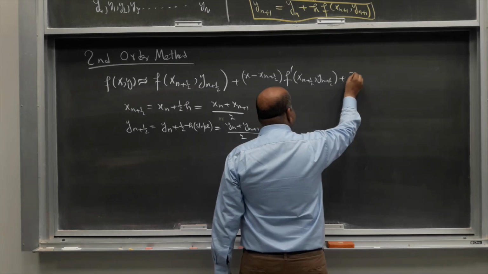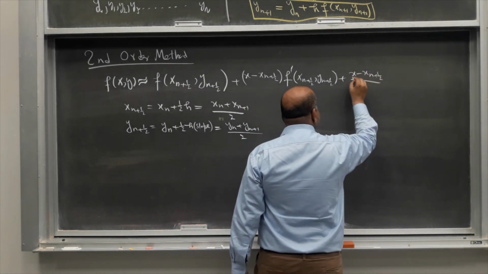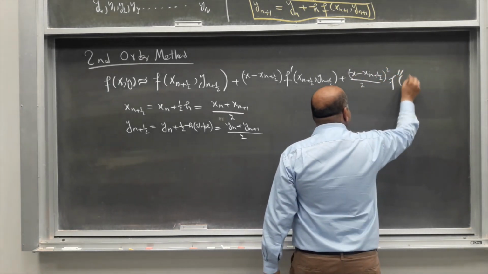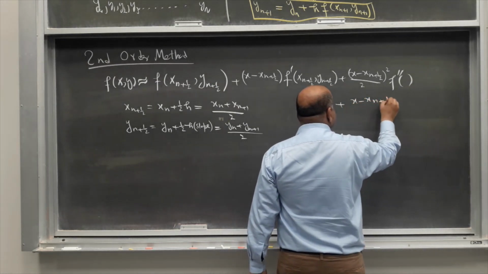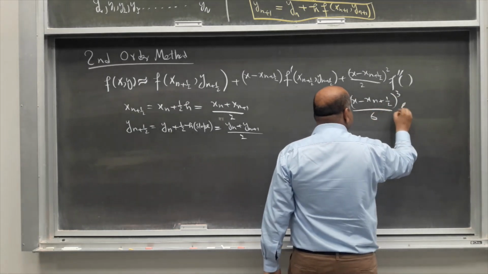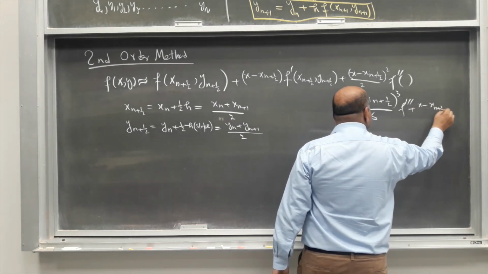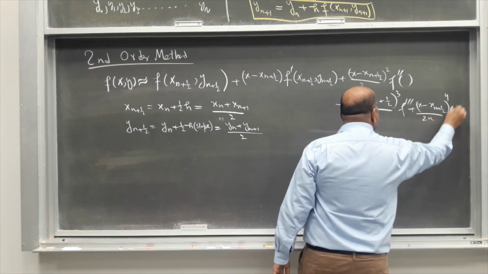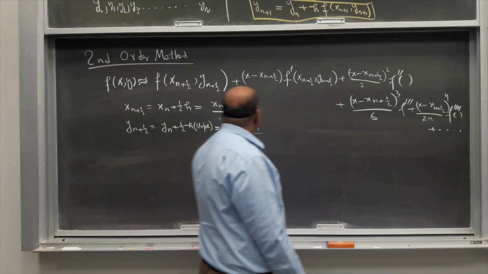The next term is x minus x_{n+1/2} squared over 2 times the second derivative. Then the next term is the cube over 6 times the triple derivative, plus x minus x_{n+1/2} to the power 4 over 24 times the fourth derivative, and so on.